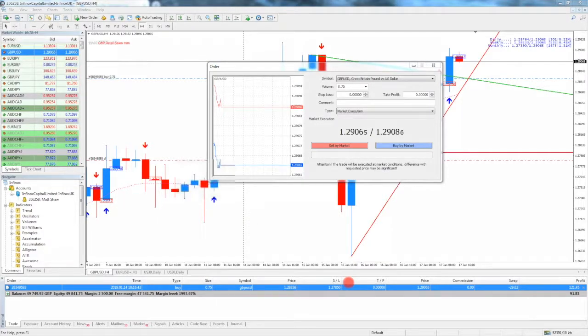Now I bought at 128.85, and the price to sell is now 129.06. So I'm over 21 pips up. Hence, I'm roughly 116 pounds in profit, pretty much.